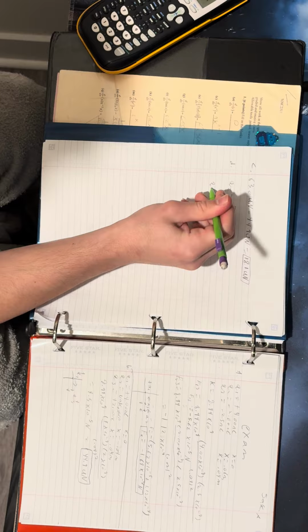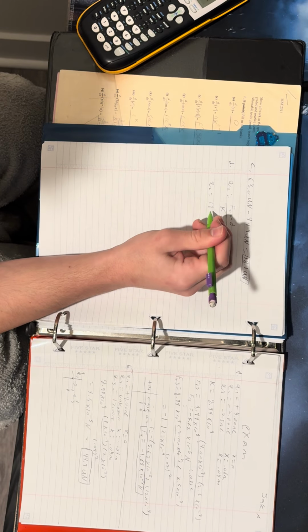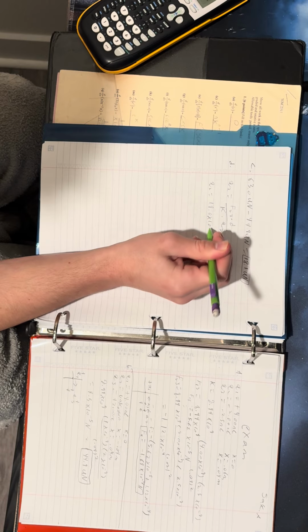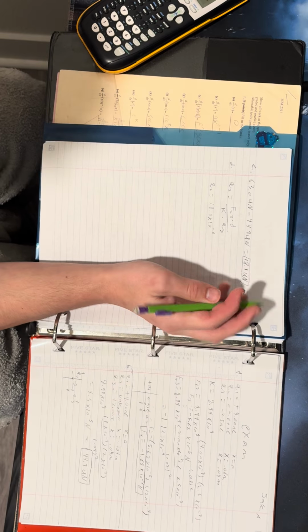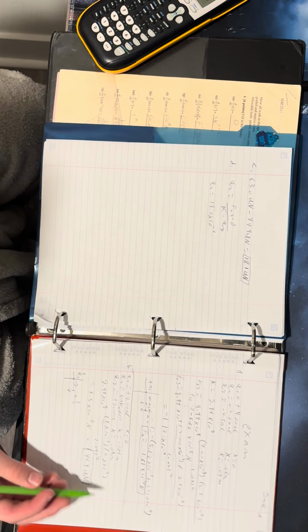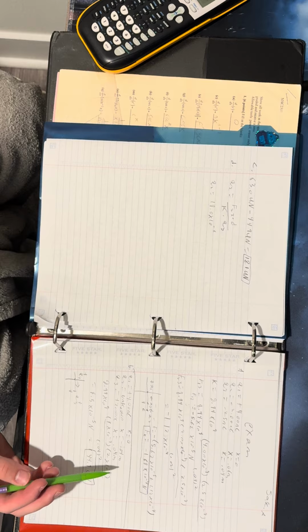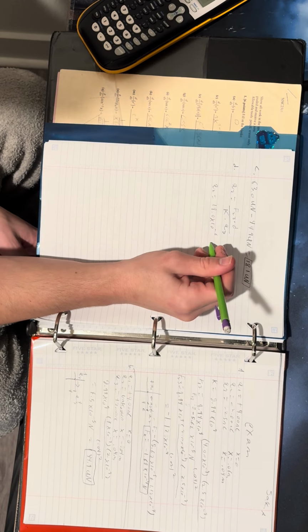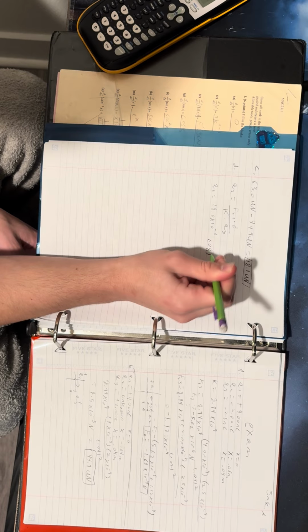We don't have Q2, but we have 18.1 times 10 to put that in newtons. And our distance, if we look over here, is negative 0.04 to 0.04, so that's 0.08, 0.08 squared.